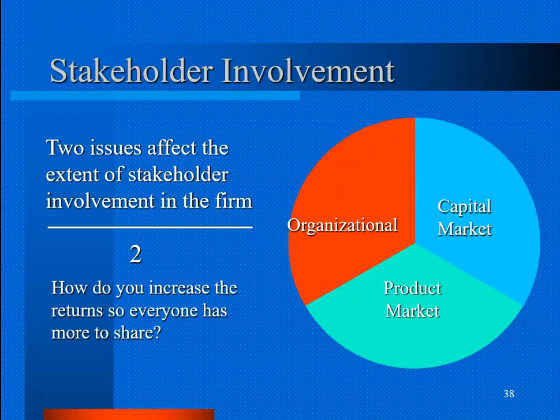So how do you increase the returns so everyone has more share is what a lot of companies will have to look at continuously. How can I change my business level strategy, corporate level strategy, so that I can increase the value for all the stakeholders of the firm?